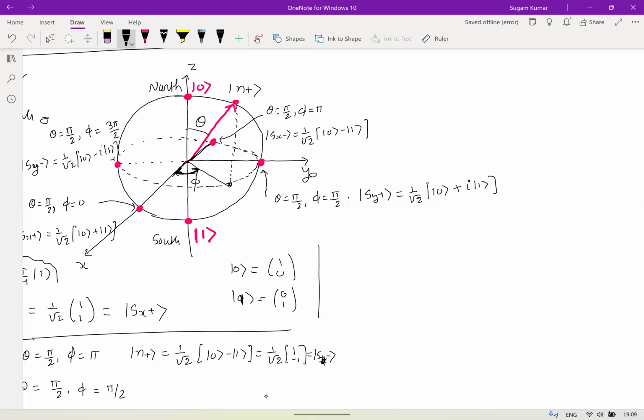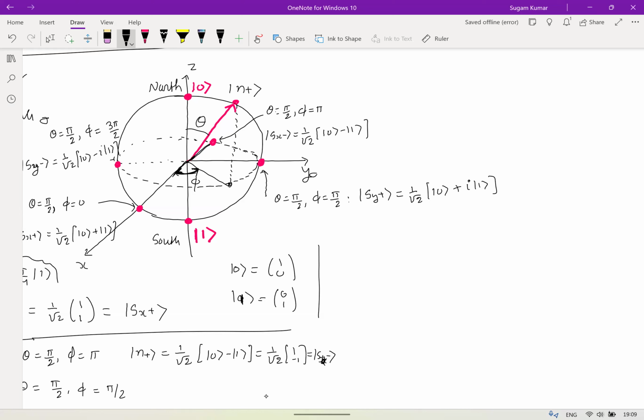Anybody else? Yes, please. Sir, we have talked about the Pauli X gates, and it seems to be a unitary matrix? All gates are unitary matrices. I will talk in detail about unitary matrices, definitely.